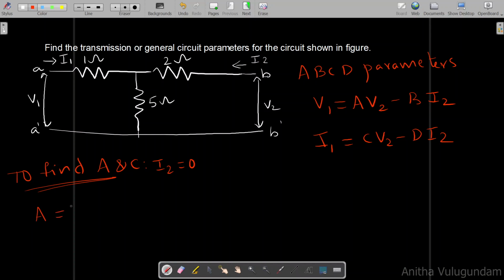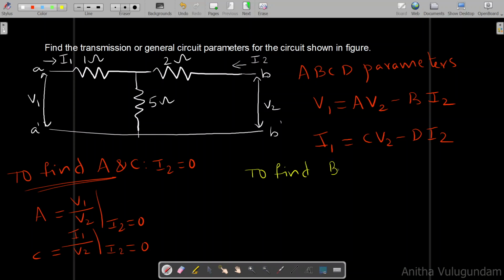So A equal to, from equation 1, V1 by V2 when I2 equal to 0, and C equal to I1 by V2 when I2 equal to 0. To find the parameters B and D, V2 equal to 0.